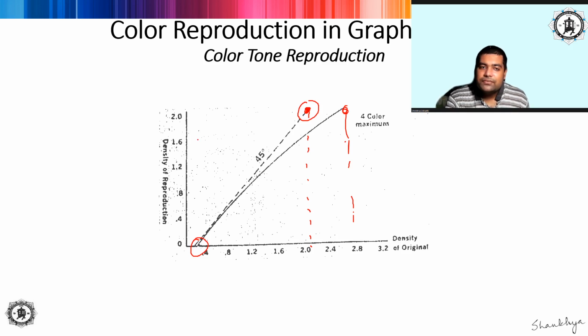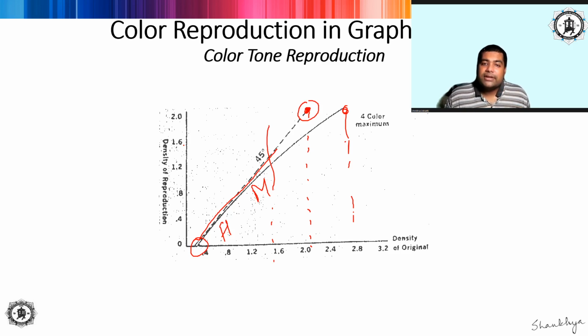So how is this achieved? We will ensure that the highlight and the midtone areas maintain a very good contrast and are almost similar to a 45-degree straight line passing through the minimum density point on the independent axis, and following that midtone region we will start to reduce the contrast in the shadow areas. That means we will basically be starting to compress the tones in your shadow areas.